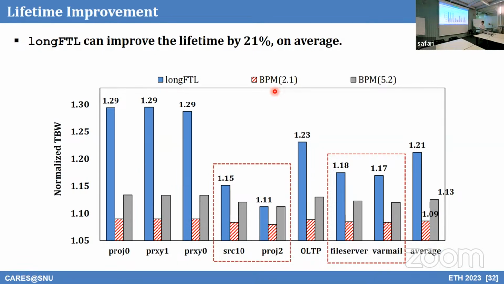So we used that bad page management. 2.1 means up to 2.1% of total capacity can be regarded as bad pages, and 5.2% can be considered as bad pages. We compare against this, and we have about 21% gain over bad page management, which is a 9 to 30% gain over the baseline page regularity here.